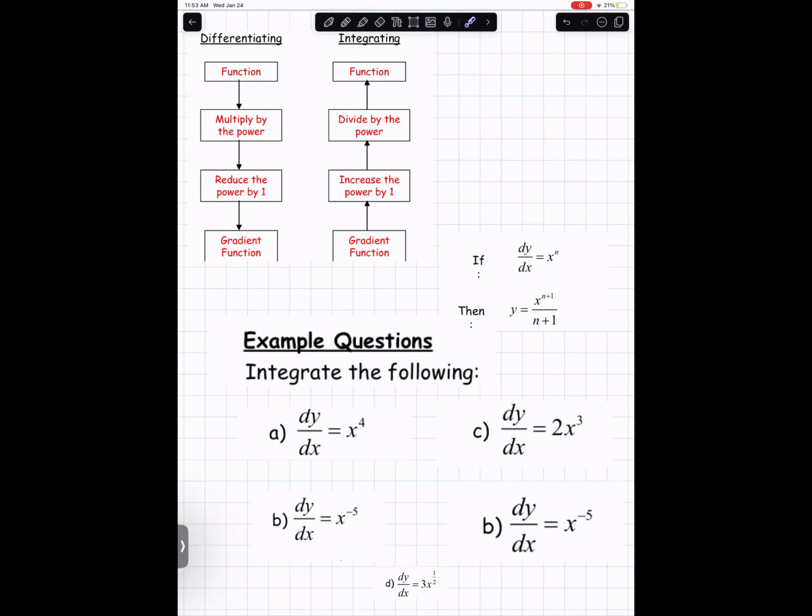So if you are integrating that, y of x equals x to the n, it will become x to the n plus 1, divided by n plus 1. Which is the opposite of our differentiation. Because if you differentiate x to the n with respect to x, it gives us n times x to the n minus 1. Right?